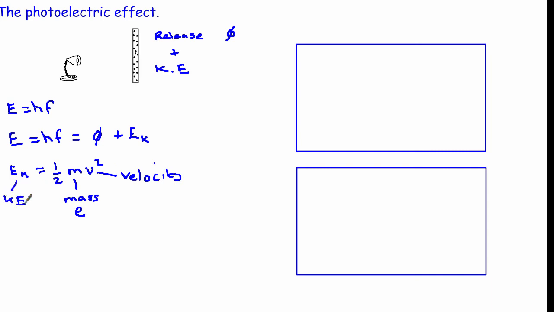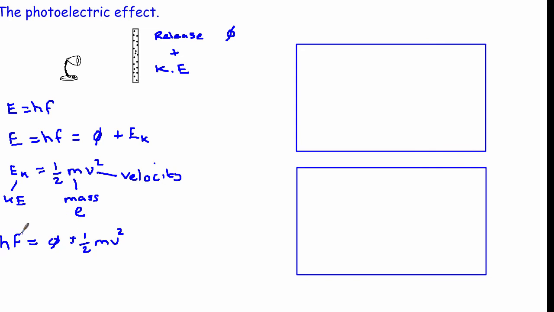So if we look at this, we can simply put this into here, and we end up with our final equation. So this is Einstein's photoelectric equation, which links the frequency of a photon to the work function and the kinetic energy. So you can be given lots and lots of different types of questions.